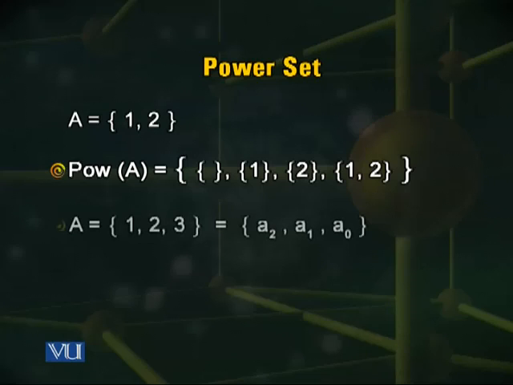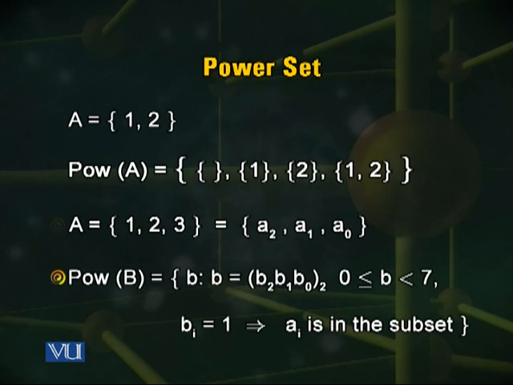On the same slide, as you see, if we have A to be a set with 3 elements, 1, 2 and 3, then its power set will contain 2 raised to power 3, 8 elements, and each element will be a possible subset of given set A. And if you represent each element as a binary bit in a 3-bit number, as you see in the slide, B2, B1, B0, this is a 3-bit number, and if any of these bits is 1, then the corresponding subset will have that element.